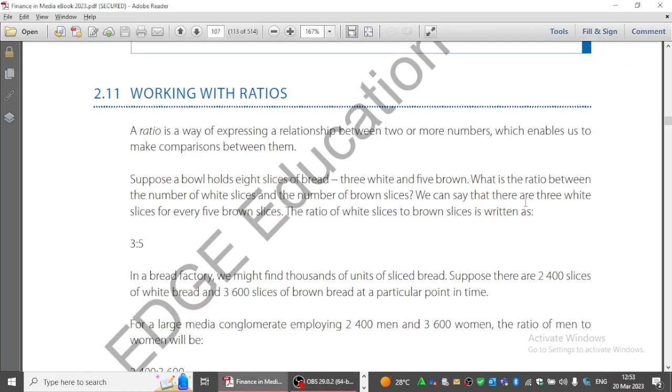Working with ratios is a way of trying to identify the relationship between two or more numbers. A ratio is a way to express a relationship between two or more numbers, which enables us to make comparisons between them. When we're working with ratios, we're converting everything back into what we normally call either a percentage or a fraction.